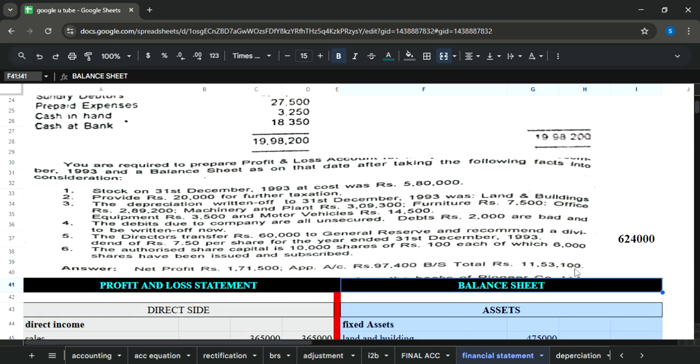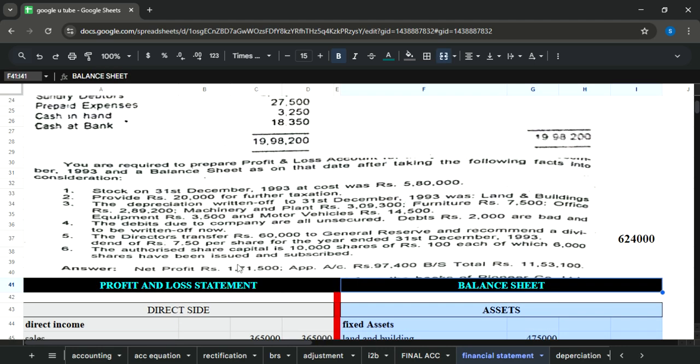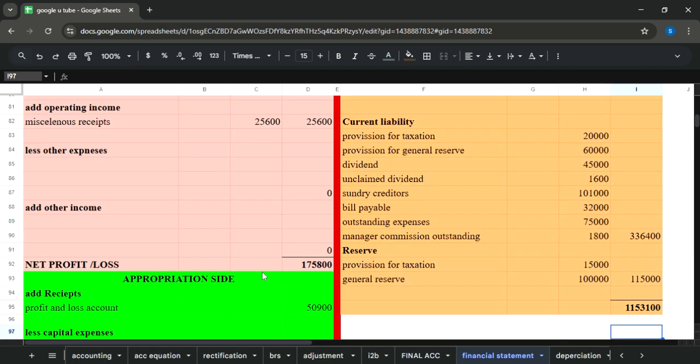So guys, you have seen that our balance sheet is equalized, exactly equal to our answer, but here there is a problem. 171,500, instead of that we have 175,800. This was gross profit. Net profit answer was 171,500. And we have 175,800.